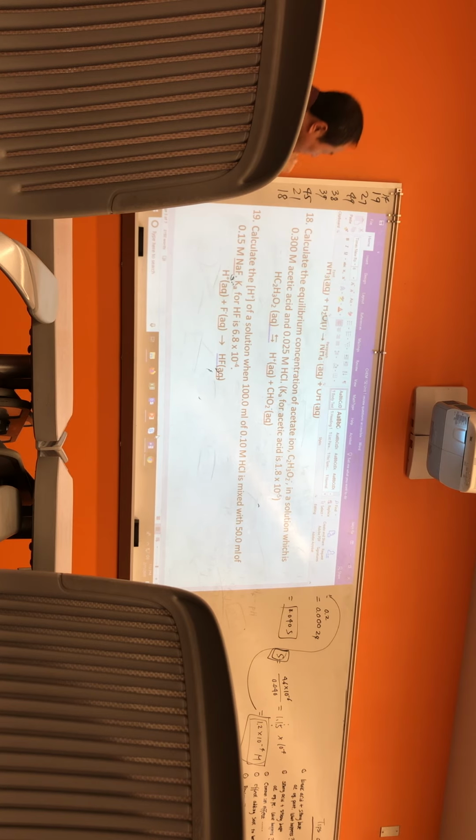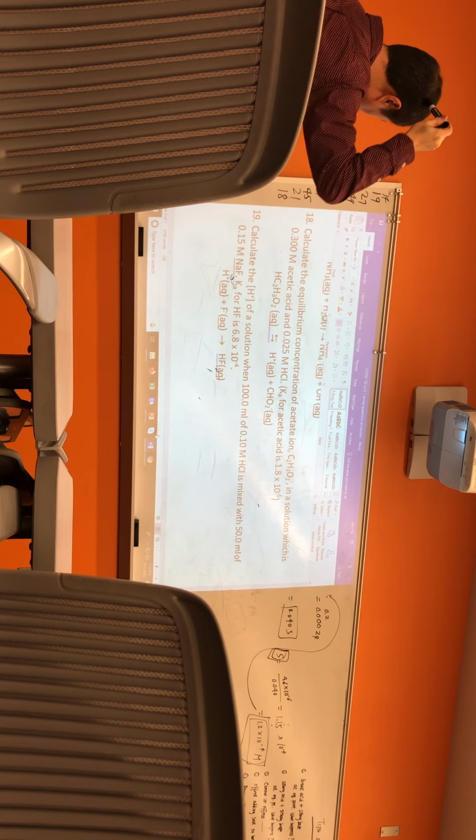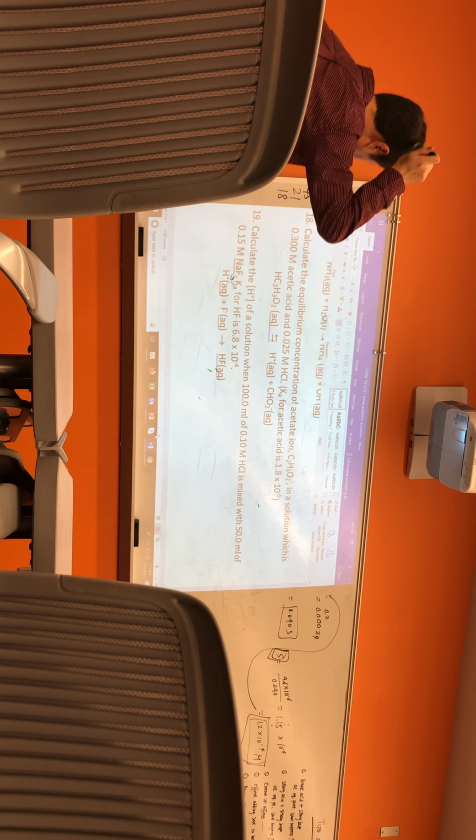Equilibrium constant of acetate in the solution which has acetic acid and HCl. Okay.